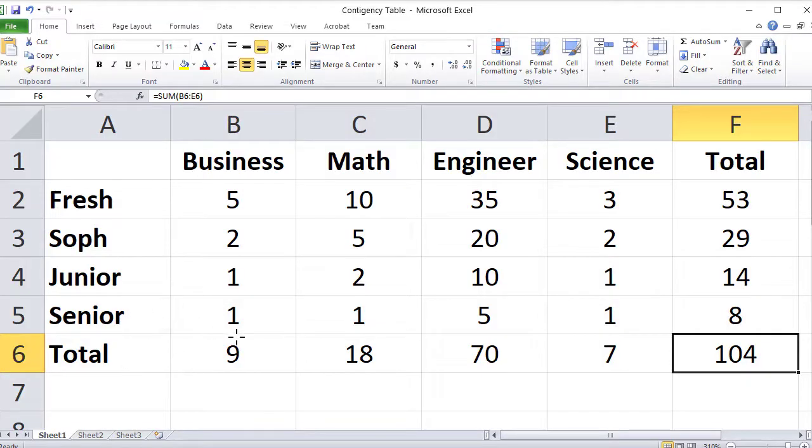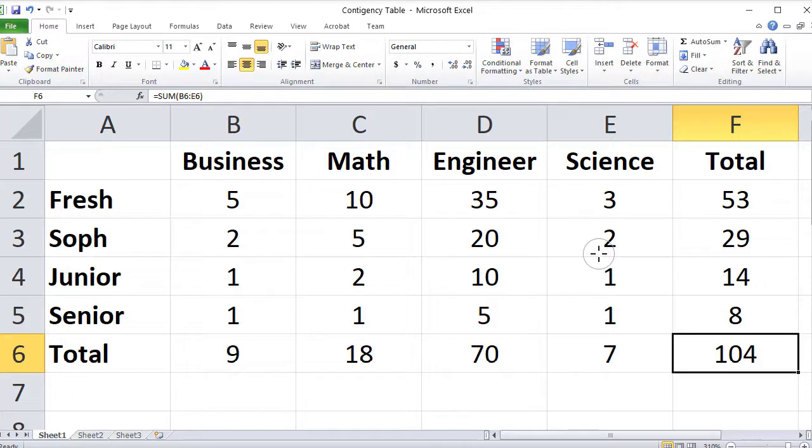As a reminder, the way this table presents data to us, class ranks are arranged in the rows right here, which end up in these row totals. On the other hand, the majors are arranged into the vertical columns here. Now we're looking for that compound event of being a sophomore and at the same time being in a science major. And I spent a lot of time explaining how to understand the compound event A and B.